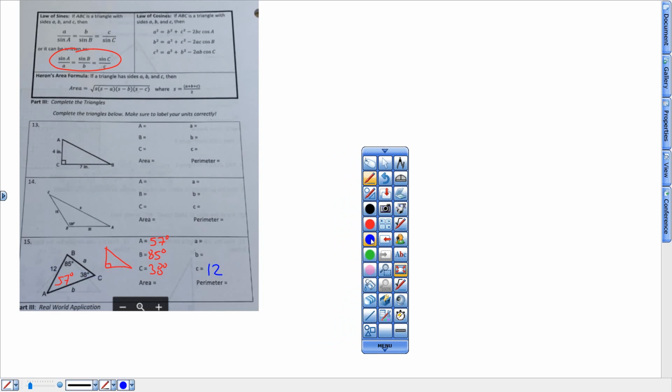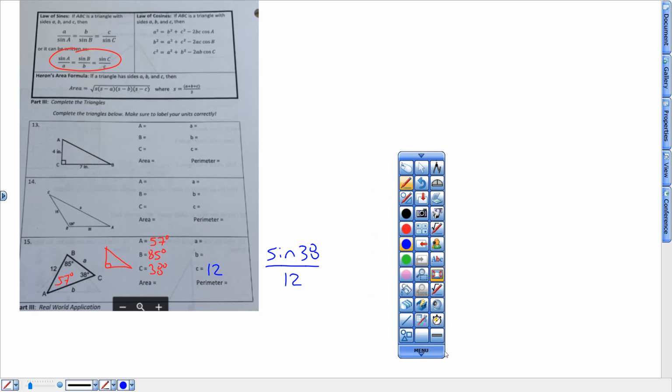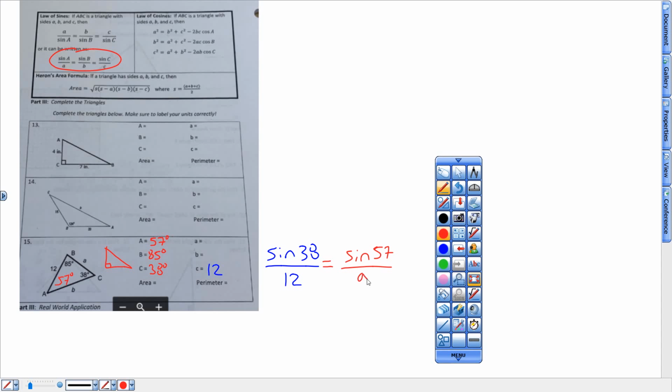And I'm going to just use the sine identity formula. Sine of that angle C, sine of 38, that angle's 38, over the length of side C, 12, equals the other piece I'm trying to find. So maybe how about find piece A would be sine 57, because I know angle A is 57, but I don't know piece A. That's A right there.